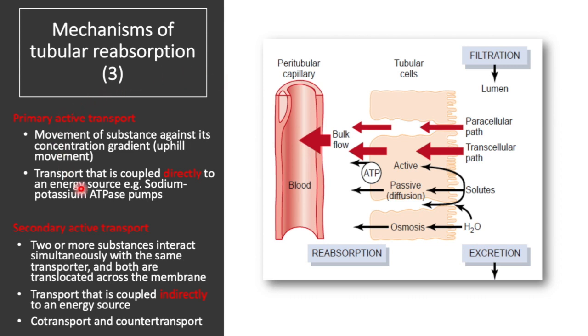In primary active transport, the energy comes from ATP. Whereas in secondary active transport, the energy comes from the primary active transport. There are two types of secondary active transport, which are co-transport and counter-transport. For co-transport, the two molecules are translocated in the same direction, whereas for counter-transport, the two molecules are translocated in the opposite direction.